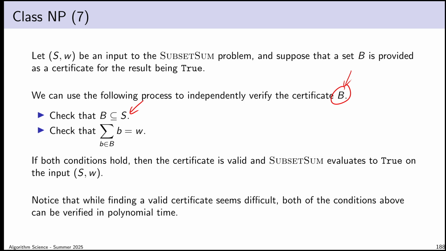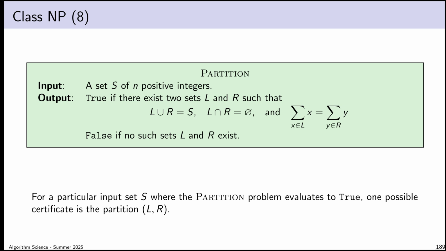Once I know it's a subset of S, then I'm going to check that it adds up to equal W. If both of those conditions hold, then the certificate is valid, and subset sum does indeed evaluate to true. Now, while it might be difficult to find the certificate B, to find a valid subset, this verification can easily be done in polynomial time. I mean, this is like n or n squared time, probably.